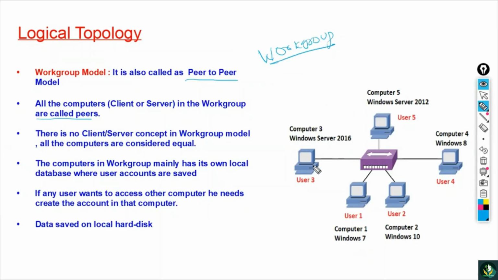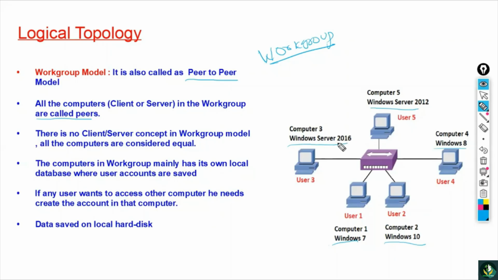and we have some computers, let us say computer 1, which has Windows 7, computer 2, which has Windows 10, computer 3 has Windows Server 2016, computer 4 has Windows 8, computer 5 has Windows Server 2012.